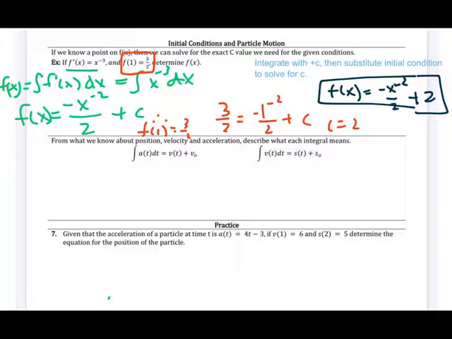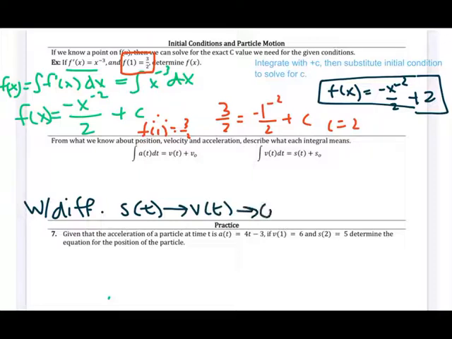The last thing we're going to do is tie this back to the relationship that exists between position, velocity, and acceleration. What we learned early on is that with differentiation, we go from position to velocity when we take the derivative, to acceleration. So if we have position, we take the derivative, that gives us the velocity.